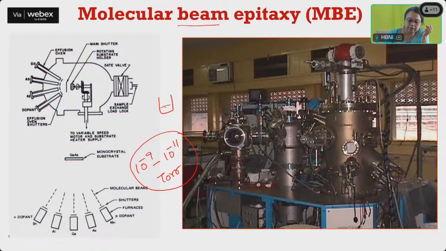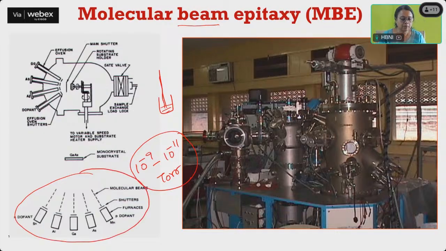So if some material is there and I am evaporating it, it will form a beam like this. The material will be forming a beam. So you can see it here, we have got this beam kind of thing.